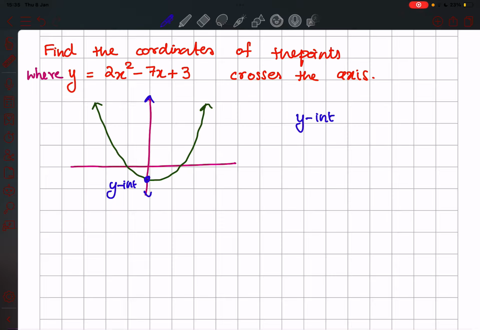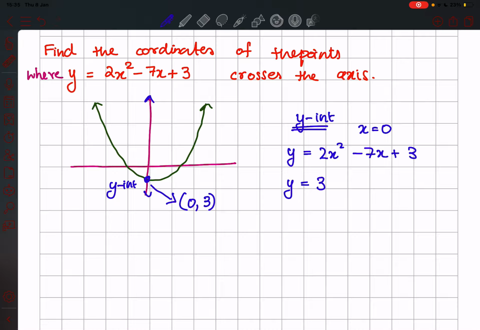If you want to find the y-intercept, plug in x equals 0. So if I go to the equation, y equals 2x squared minus 7x plus 3, and if I plug in x equals 0, I would get y is equal to 3. That means the coordinate of the y-intercept is x is equal to 0, y is equal to 3. So I've got the first point where it crosses the y-axis, which is my y-intercept, and that is (0, 3).